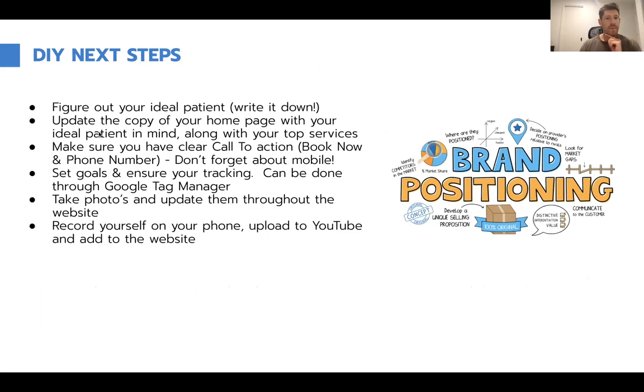So I guess the next steps are really figuring out your ideal patient. Write it down. It's one thing having it in your head, but once you start jotting down these notes, they seem to come out quite quickly. And just go to your homepage, reread it from your ideal patient's perspective, and see if it's answering the questions.